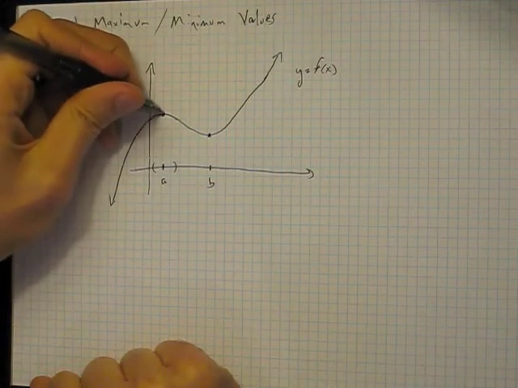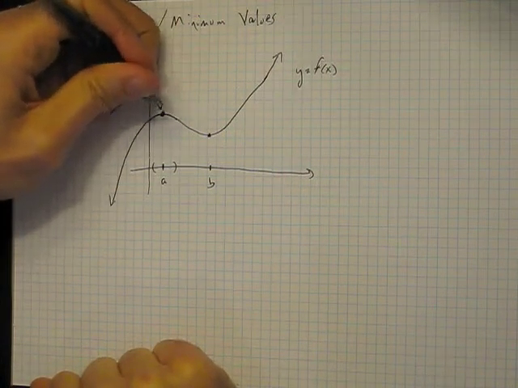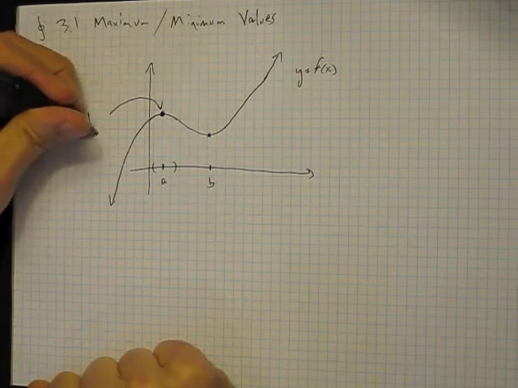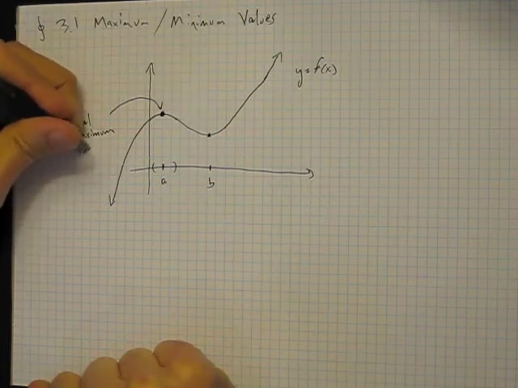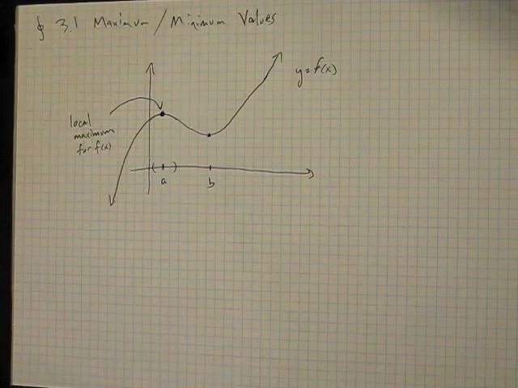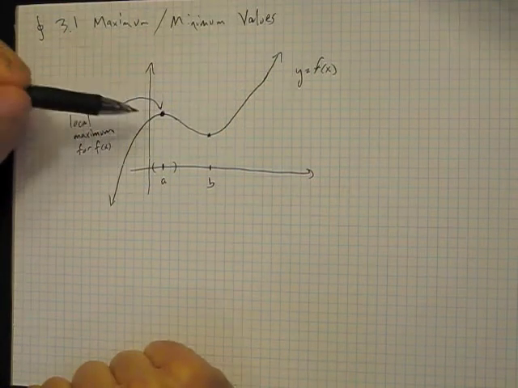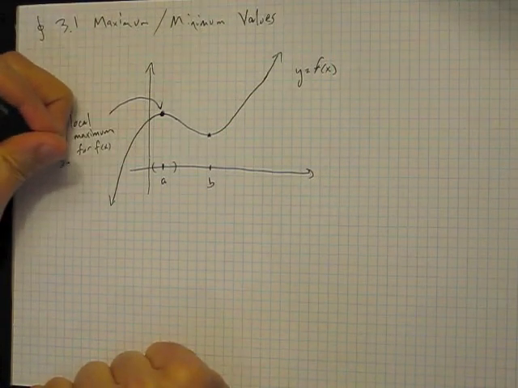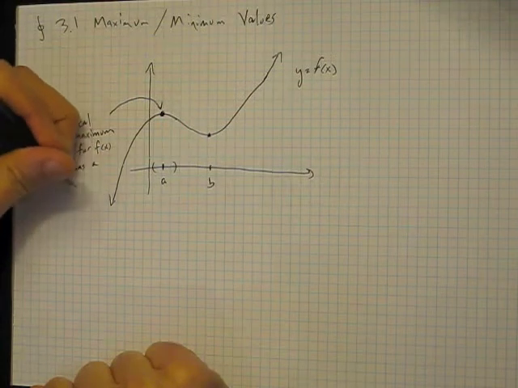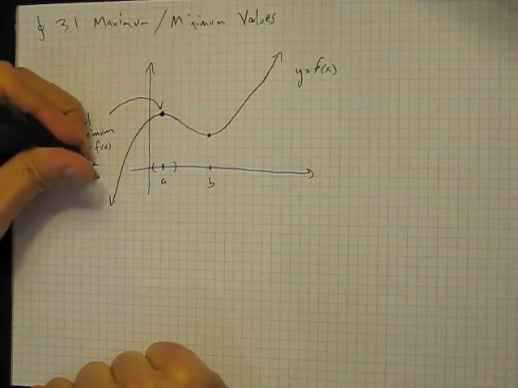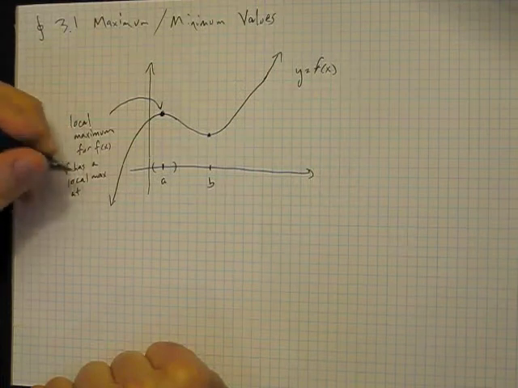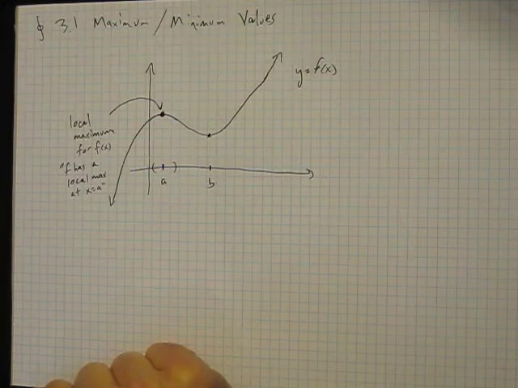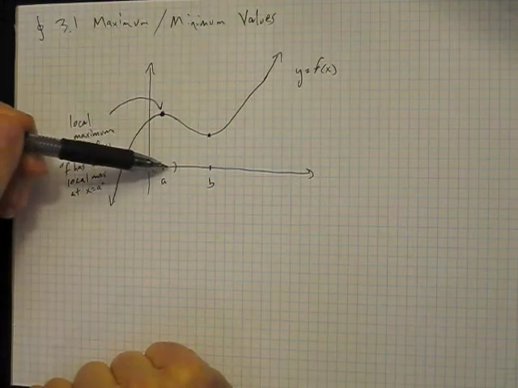So this value right here is what we might call a local maximum for the function f, or local maximum value, or we might say that f has a local max at x equals a.